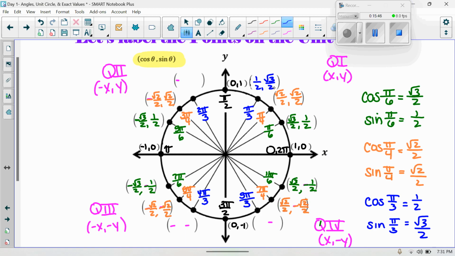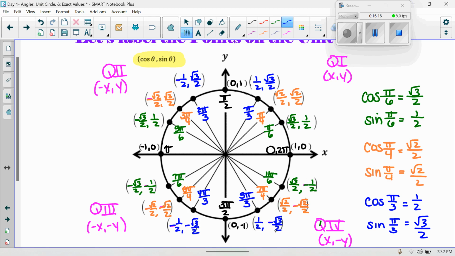In quadrant 2, 2 pi over 3 is going to be negative 1/2, positive rad 3 over 2. Quadrant 3, 4 pi over 3 is negative 1/2, comma, negative radical 3 over 2. And 5 pi over 3 is going to be 1/2, comma, negative rad 3 over 2. So those are all of your angles. Once you know quadrant 1, you know all of them.